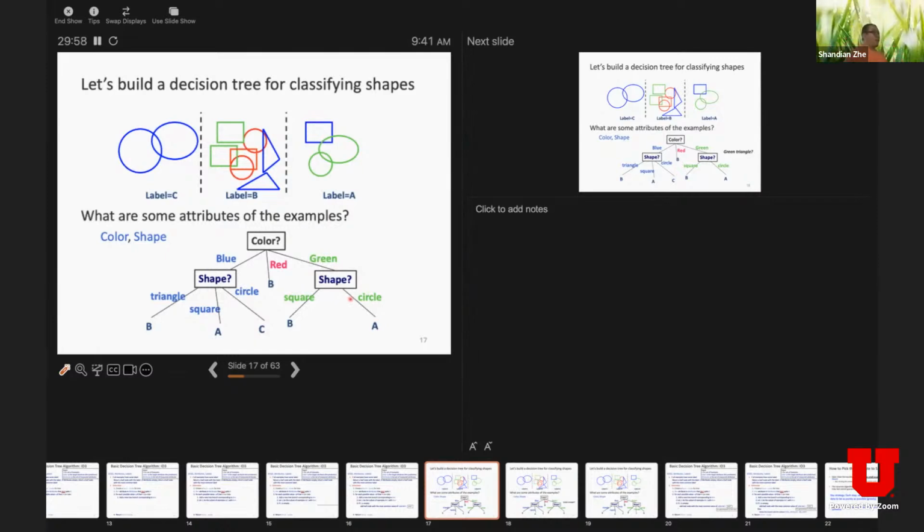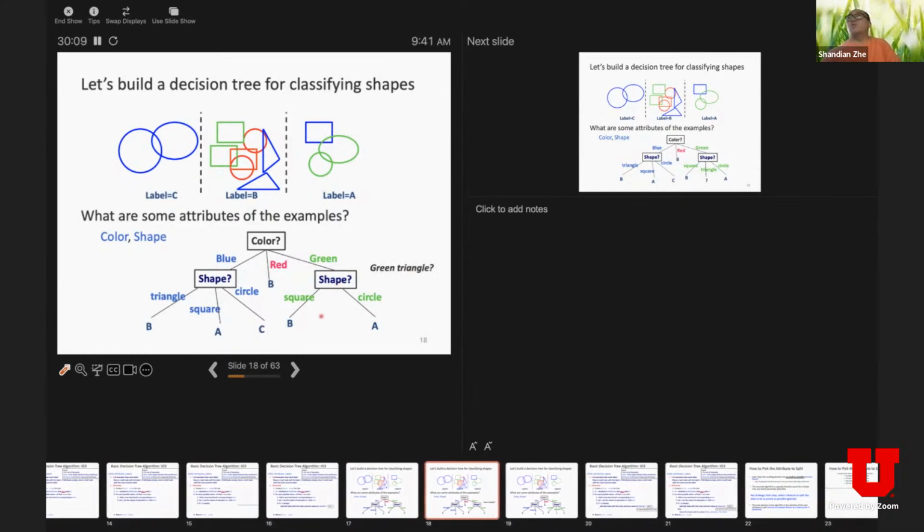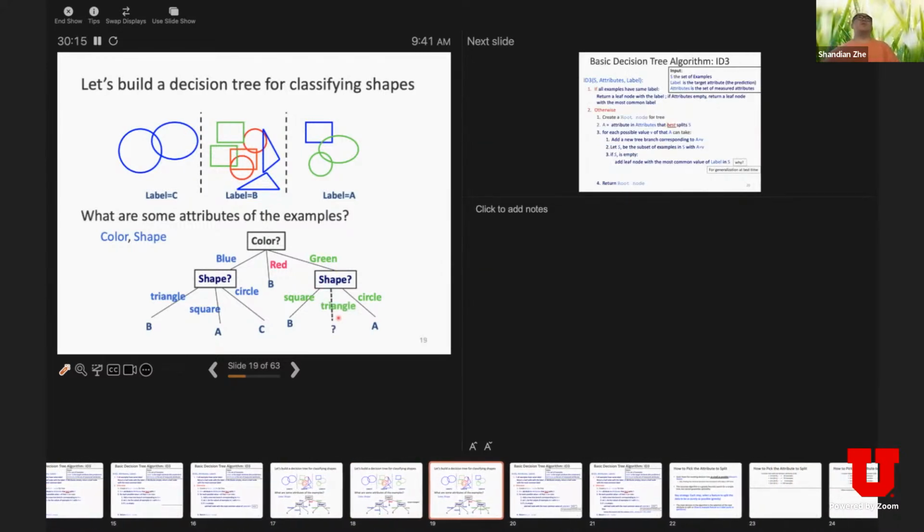However, if you use the ID3 algorithm, when we construct the tree, even if my branch corresponds to an empty green triangle part, I'm still going to create a leaf node.